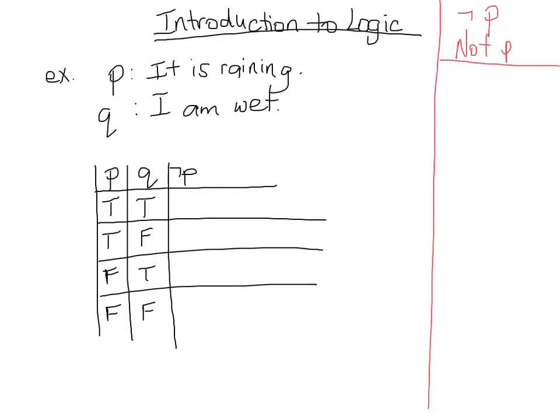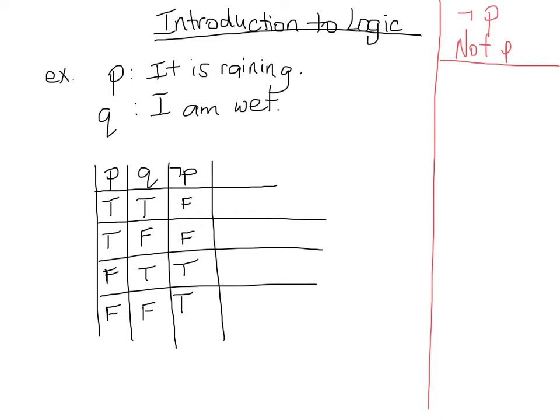So if it is raining is true, then it's not raining will be false. So when P is true, not P is false. And when P is false, not P will be true. Again, it's the opposite of P.